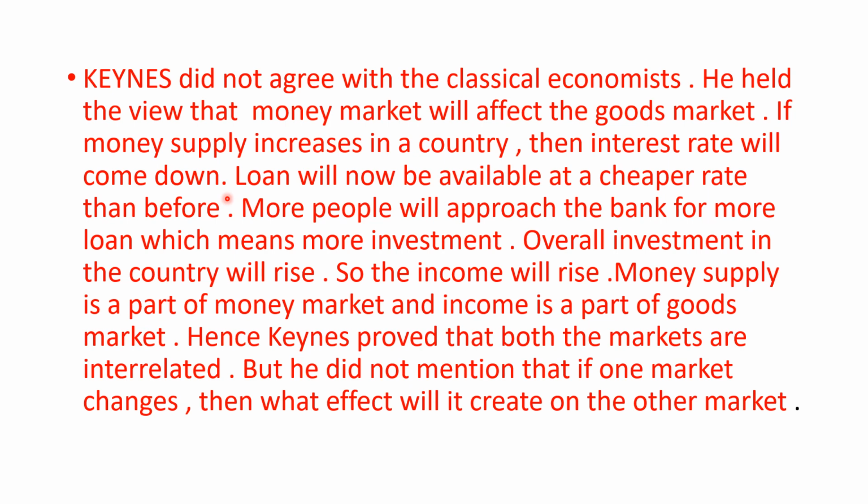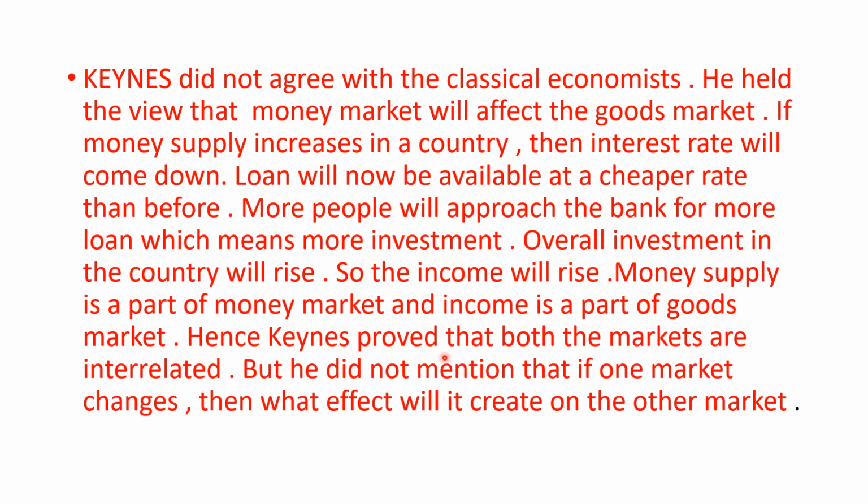When the interest rate comes down, loans are available at a cheaper rate. Easy and cheap loans will attract more and more people towards the bank. They will take more loans. If people take more loans, there will be more investment in the economy. Overall investment in the economy will increase, therefore income will also increase. Money supply is a part of the money market and income is a part of the goods market.